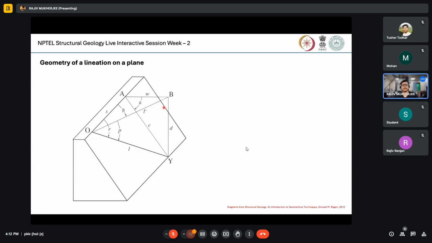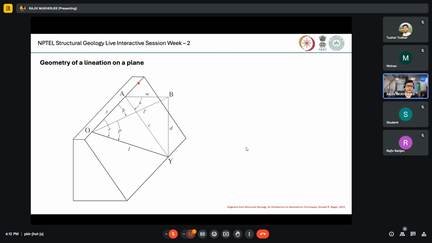First, we will talk about the geometry of a lineation on a plane. Consider this as an inclined plane. There are some angles and some lines, and we will describe all of these components that are drawn here.